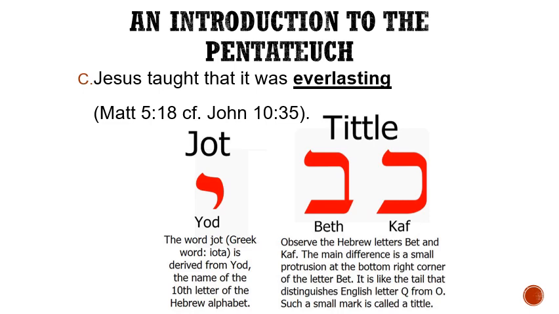Also, the use of law in Matthew 5:18 most likely refers to the entire Old Testament, since the Jews commonly referred to the entire Old Testament as the law. And in addition to Matthew 5:18, Jesus declared in John 10:35 that the scripture cannot be broken.